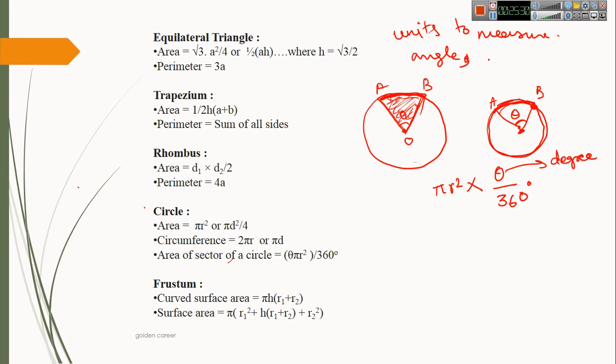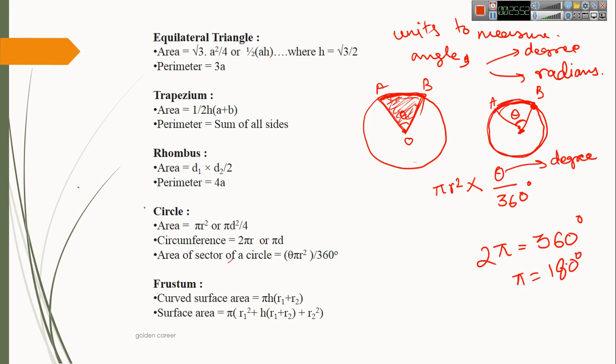There are two units to measure angles, which are degrees, or second, radians. For radians, 2 pi is equal to 360 degrees and pi equals 180 degrees.